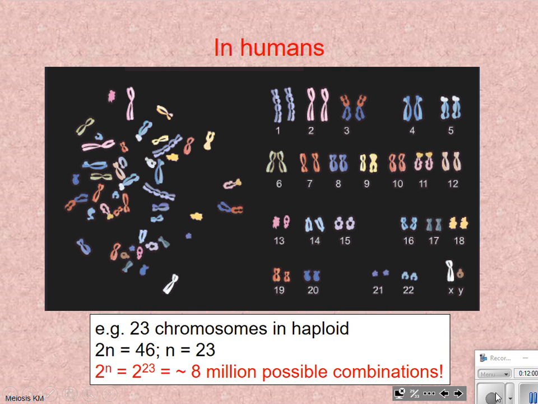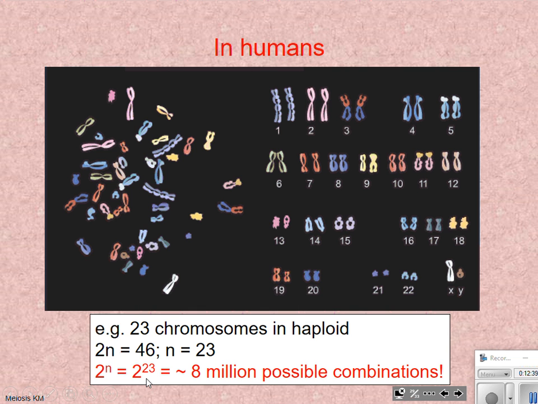So, let's talk about that here. Okay? We have human beings. We have 23 chromosomes, don't we? So, if those 23 chromosomes lined up in different ways, how we figure this out is we take 2 to the 23rd power.